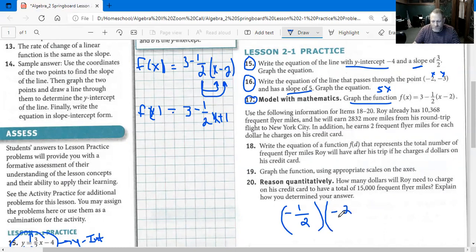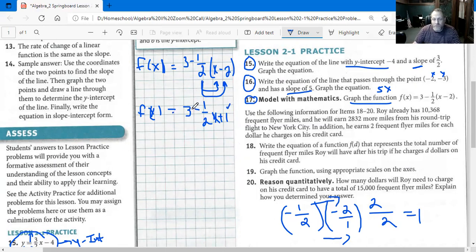I usually put my whole number over a 1 to get some balance. You don't have to, but I do. When you multiply straight across, you're going to get a positive, because a negative times a negative is a positive. So you're going to get 2/2 equals 1. And that's where we got that 1 from.